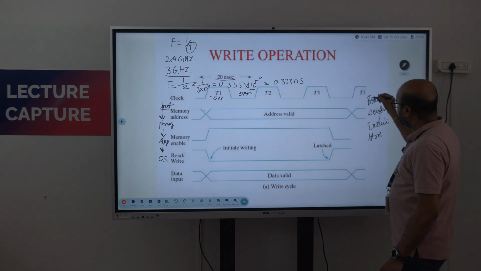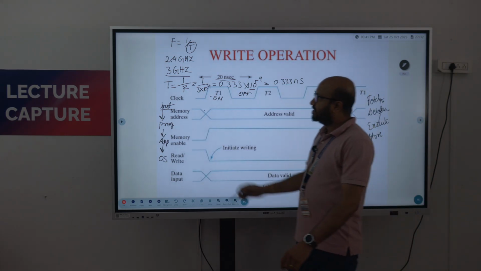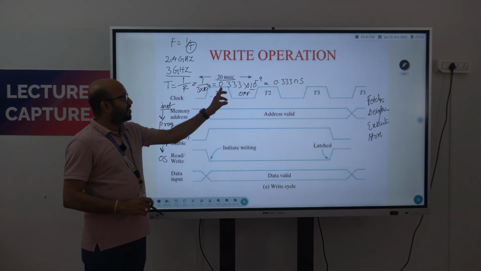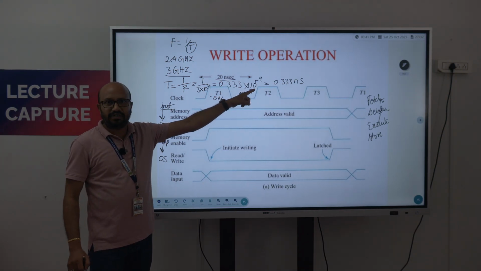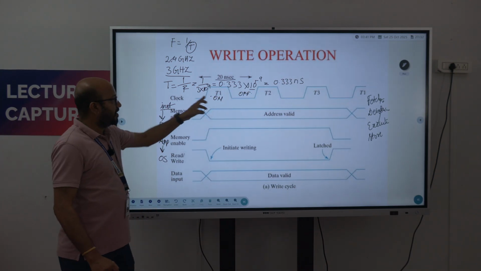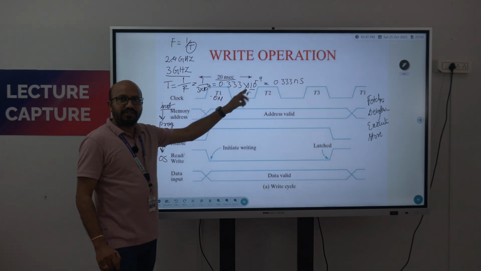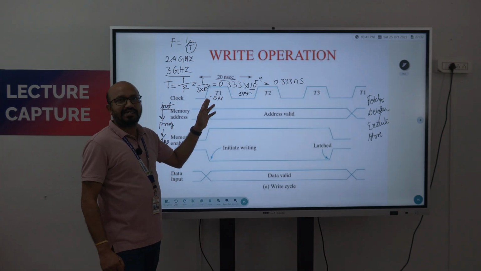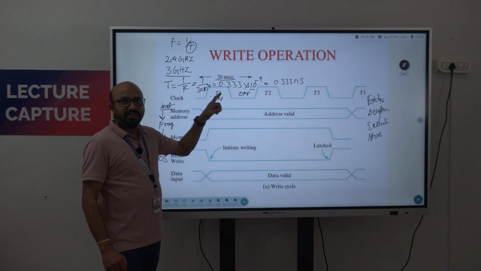These are the 4 steps for execution of a single instruction. For execution of a single instruction we need 0.33 nanosecond. Okay, so that is why this T on and T off is very important. I am explaining a lot of things for the understanding of this one single clock cycle.